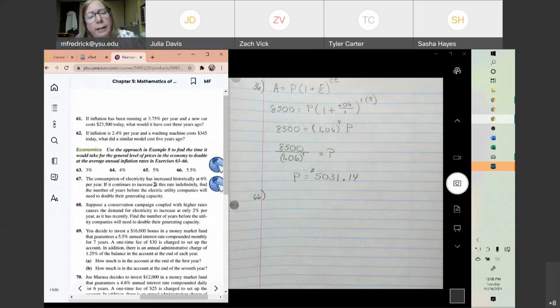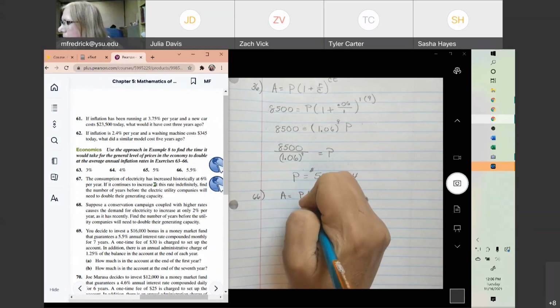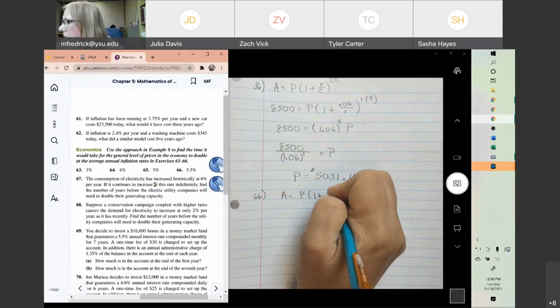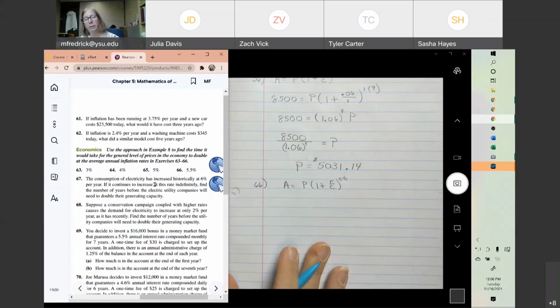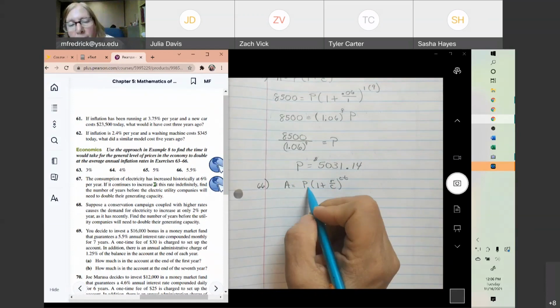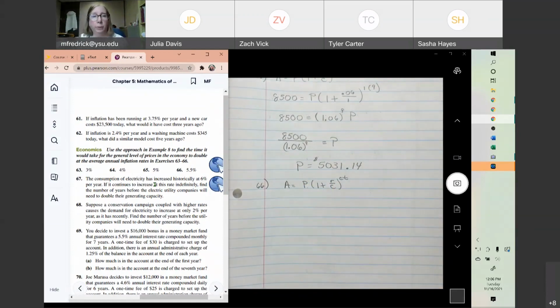So the rate is annually. So we have compounded amount. But they didn't give us these values. All they told us was it needed to double.